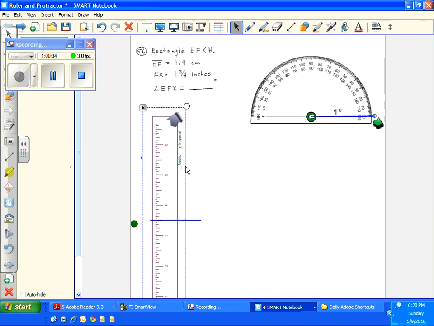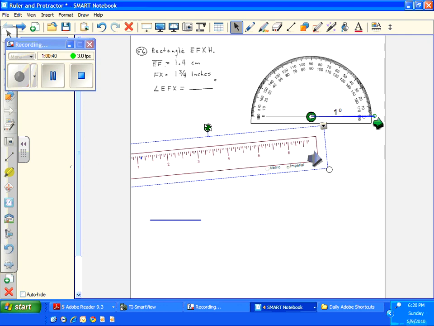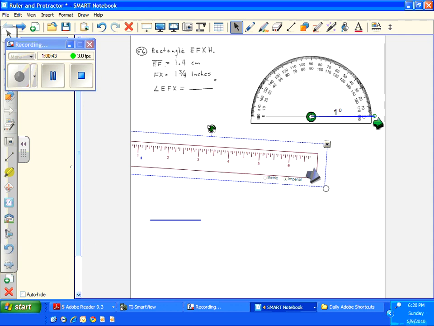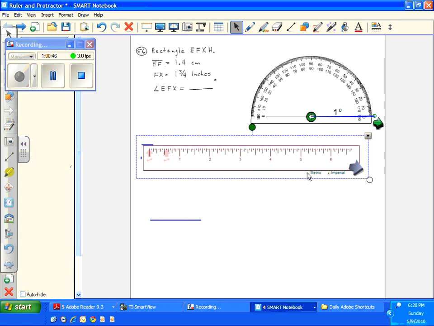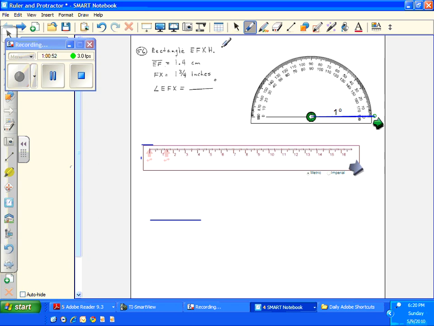But the main reason I wanted to show you this, I wanted to show you on the ruler that 1/4 of an inch. Let's go back and make this metric so I can talk about that just a second on a ruler that you can see. It says 1.4 centimeters. Let's talk about that. These guys right here are centi. I can't, it's not letting me write on the ruler itself.